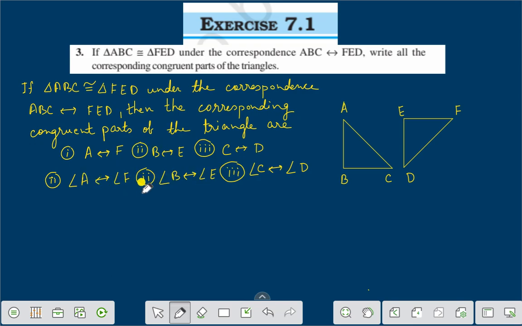Not only that, all the sides also correspond to one another. Sides.